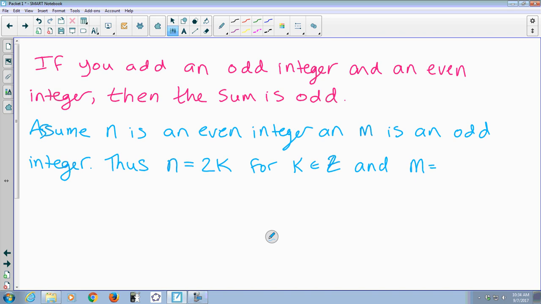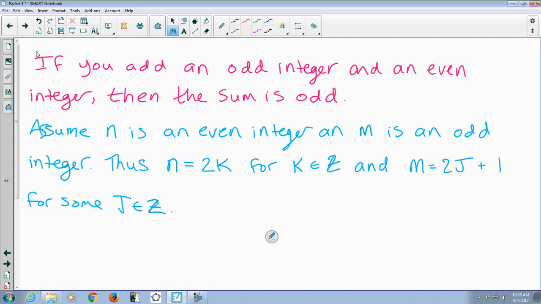Because we're not adding 2 and 3 or 4 and 5 or 10 and 11, right? Because it's not necessarily consecutive even and odd. So it's not necessarily the same 2 times something. So we'll call it something else. m is going to be 2j plus 1 for some j, an element of the integers.